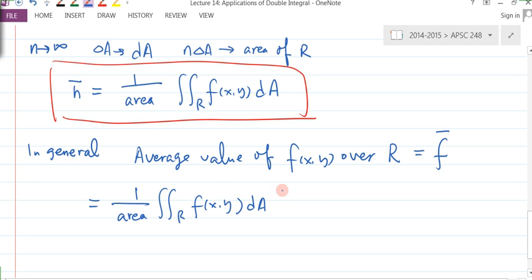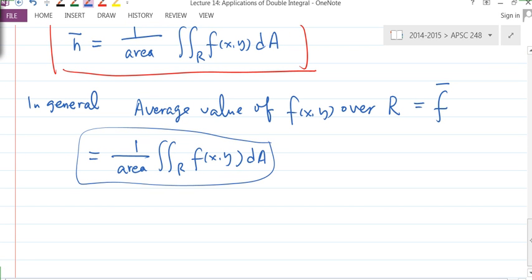So if you look at this, it gets rid of the abstractness of the mass formula: dividing by area gives you the average concept. For example, f of x, y now doesn't represent height anymore. Maybe f of x, y is the temperature over this same plate or region R, so it's a temperature distribution.